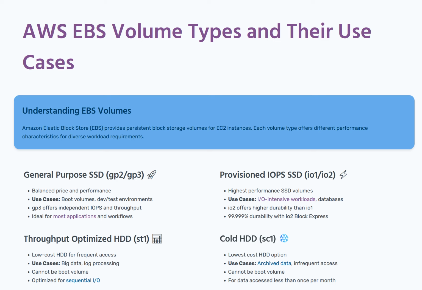The other two terms I want to explain are provisioned IOPS, meaning input output per second, and throughput. What is the difference between these two?